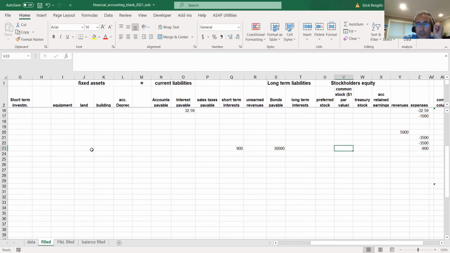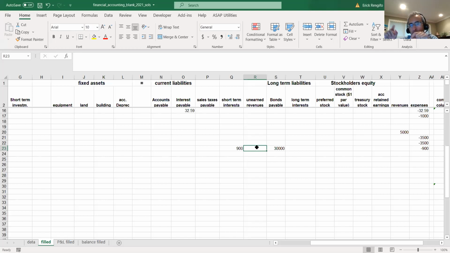Now, what happens with the 2,700, guys? Any ideas? No ideas? So what happens, guys, with anything that is beyond 1 year is considered as a note to the financial statement.